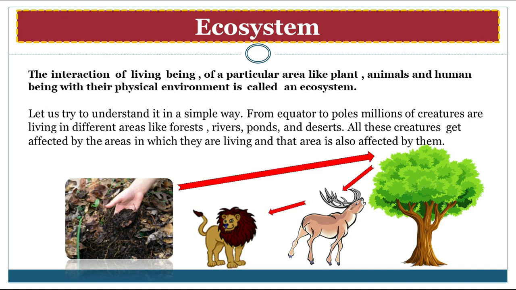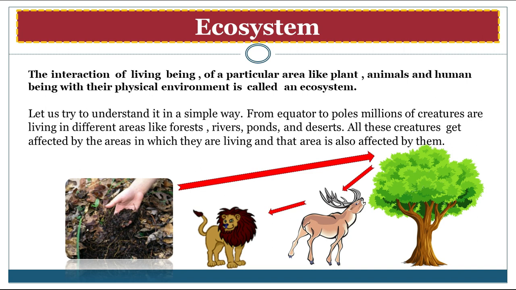From equator to poles, millions of creatures are living in different areas, like in the forest, rivers, ponds, and deserts. All these creatures get affected by the areas in which they are living, and that area also gets affected by them.